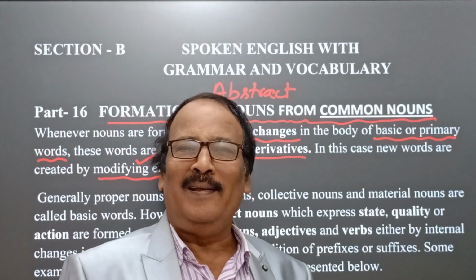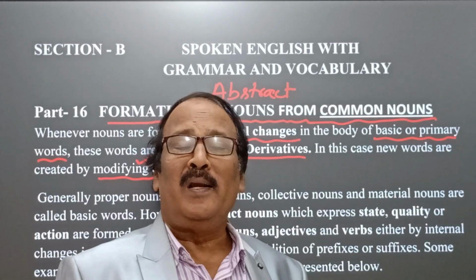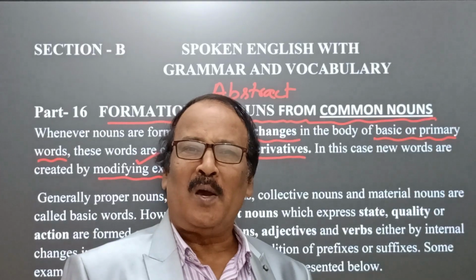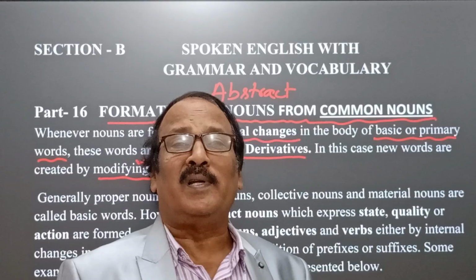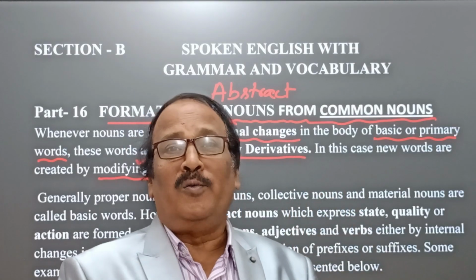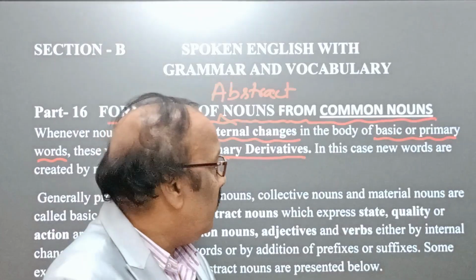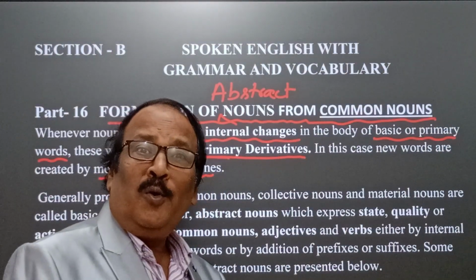Nouns are generally divided into 5 classes. 1. Common noun. 2. Proper noun. 3. Collective noun. 4th. Material noun. And 5th. Abstract noun. And these types of nouns are again subdivided into 2.